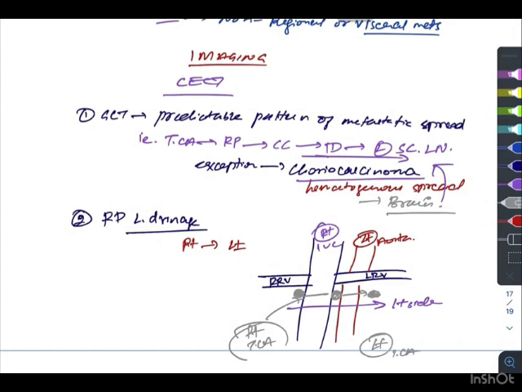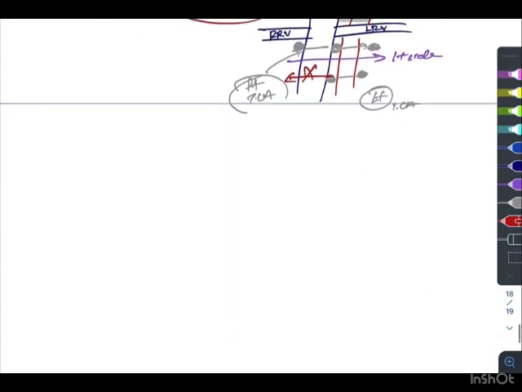Left-sided testicular carcinoma drains into the para-aortic lymph nodes and then to the interaortocaval lymph nodes. It will not spread beyond this and will not cross to the right side. So the pattern of lymphatic drainage in the retroperitoneum is from right to left, as I have told before. These are the things you should know before interpreting the CT of the retroperitoneum.